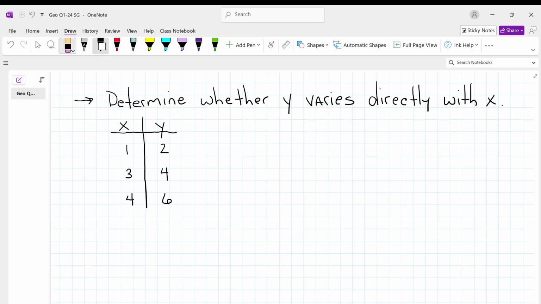If y varies directly with x, then y divided by x will equal the same thing every time. Okay? We've got an input of 1 and an output of 2. So we're going to take y and divide it by x and see what it equals. 2 divided by 1 is equal to 2, isn't it? Now, 4 divided by 3.